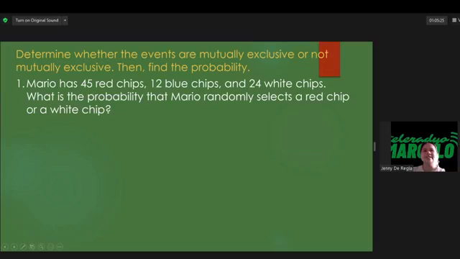So is this an example of mutually exclusive or not mutually exclusive events? Okay, so the answer is mutually exclusive event, since the events cannot happen at the same time. So the answer is 23 over 27.